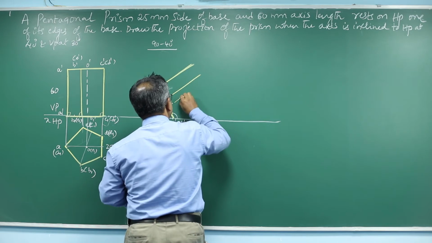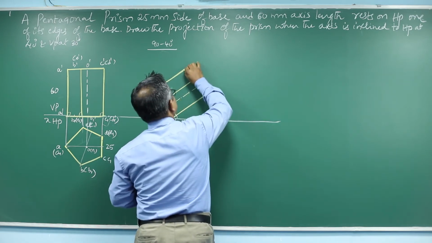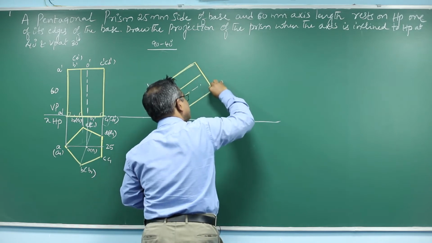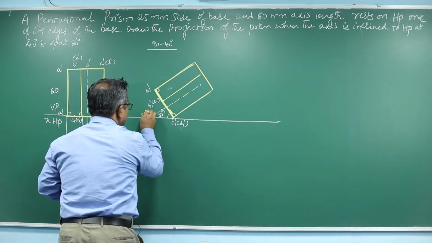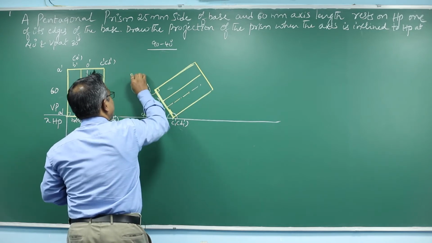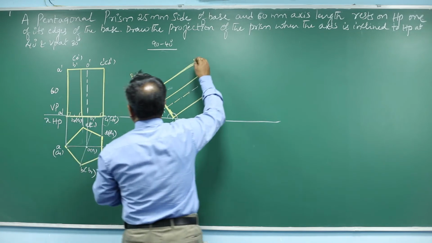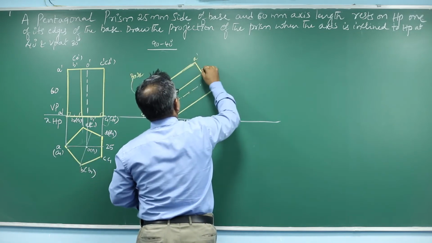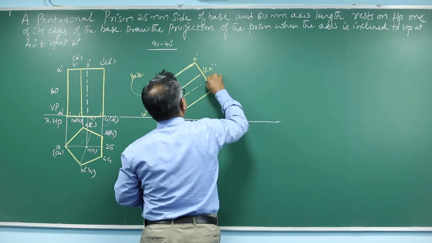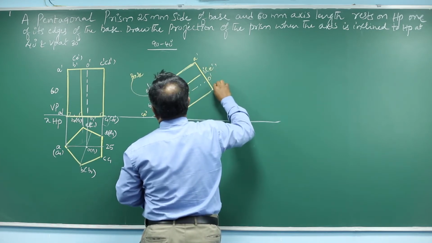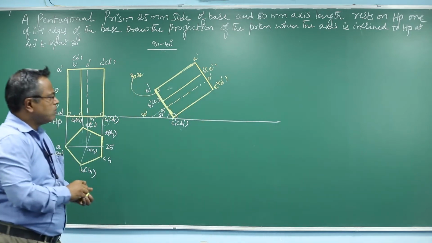Axis line, big line, small line, big line, small line, like that, and complete the second front view in which the axis is inclined to HP at an angle 40 degree, but the base is inclined to HP at an angle 50 degree. So this is what is called A dash, and this is B dash comma E dash, and this is O dash, C dash comma what? D dash.